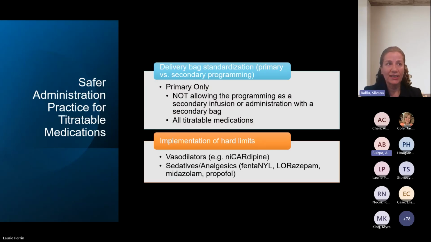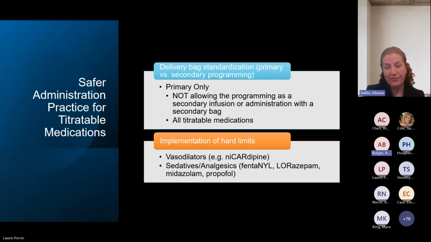So how can we make the administration practice safer for the titratable medications? I have two areas to focus on here. The first is delivery bag standardization. What do I mean by this?